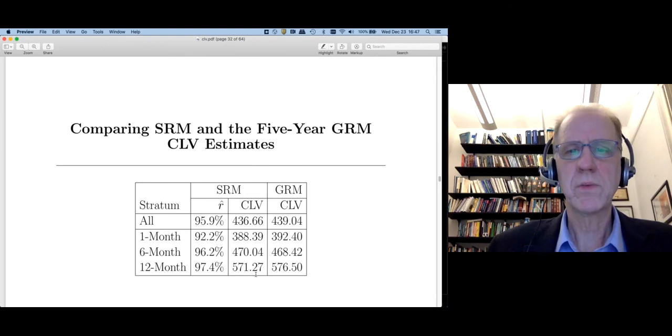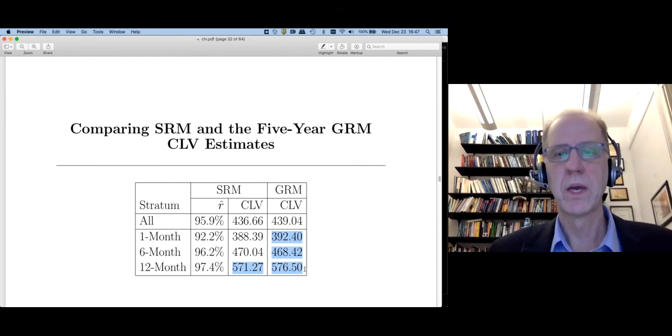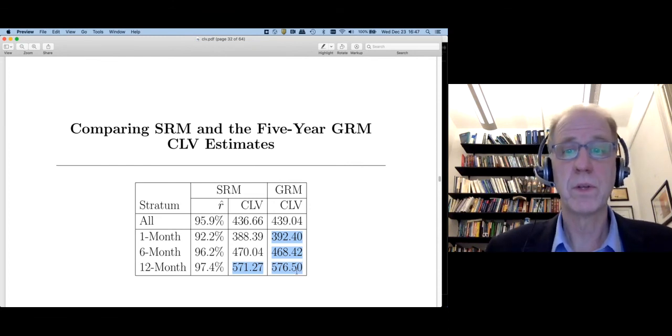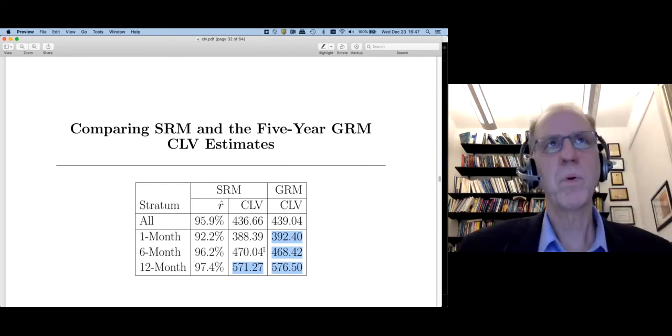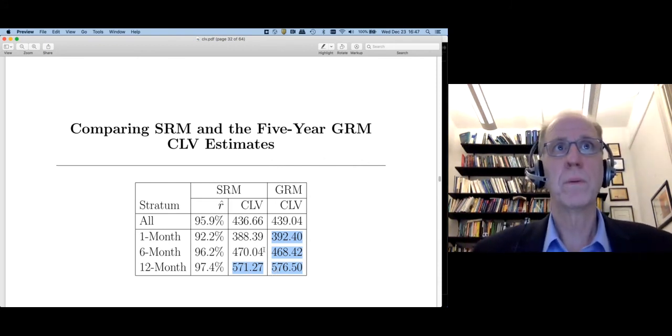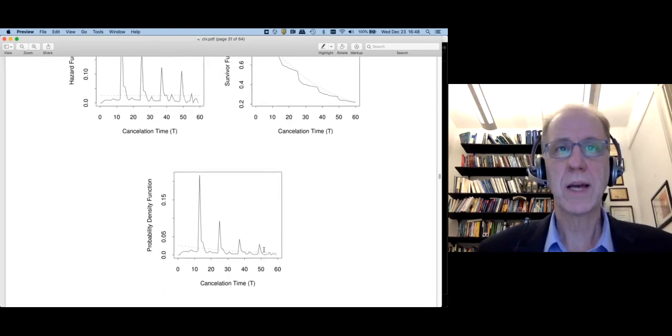And you can see even with this extreme 12-month case where the general and the simple retention models produced very different survival and hazard plots, the lifetime value estimates are pretty similar. So 571 versus 576. So again, the point is you can do quite well using the simple retention model, but I think you get much more understanding from looking at these hazard plots.